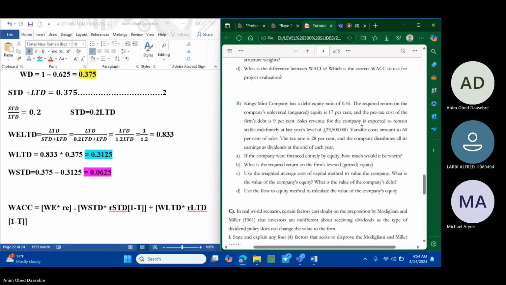Then we also factor in the variable cost. That will be the worth of the firm.